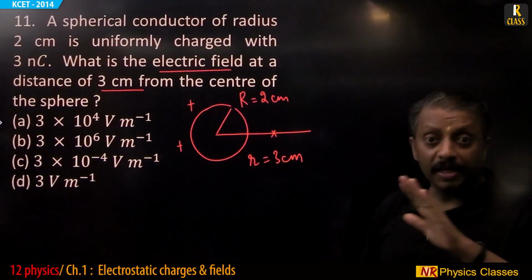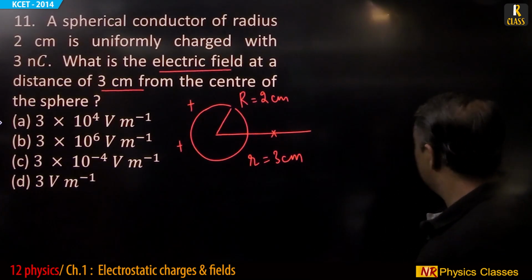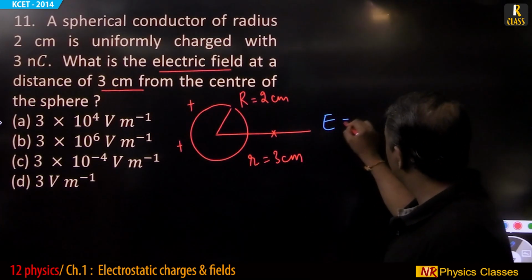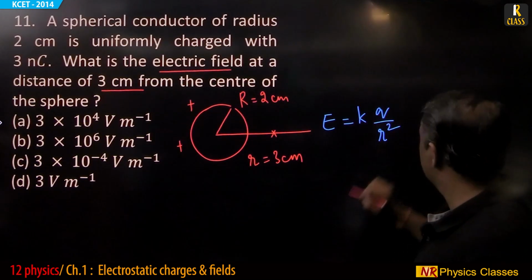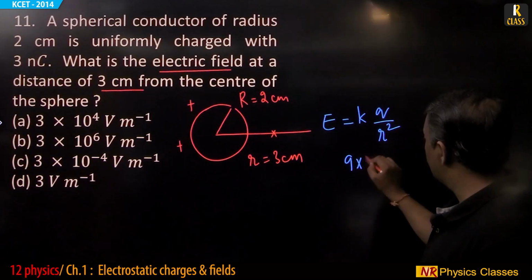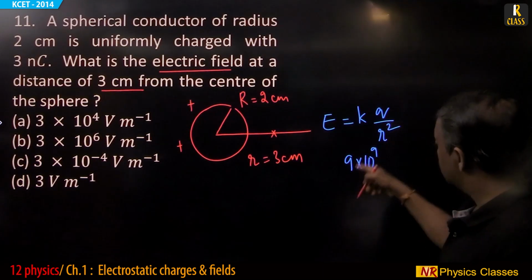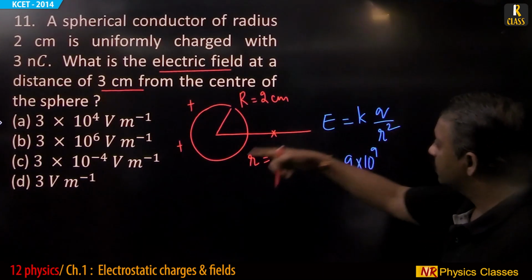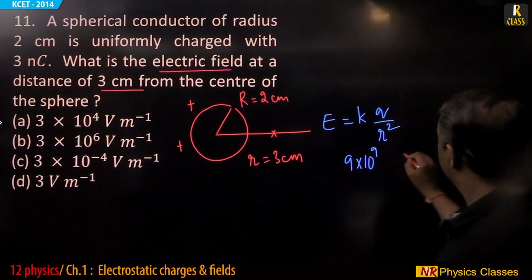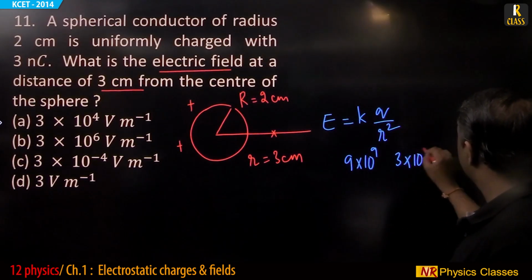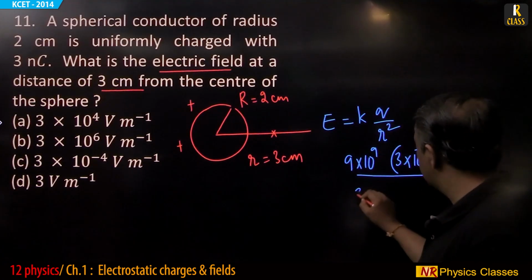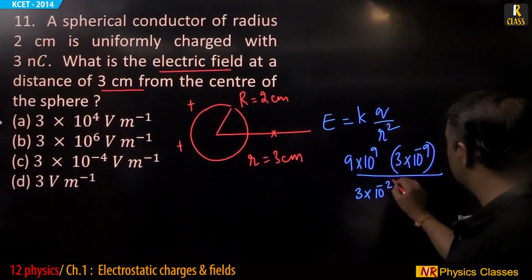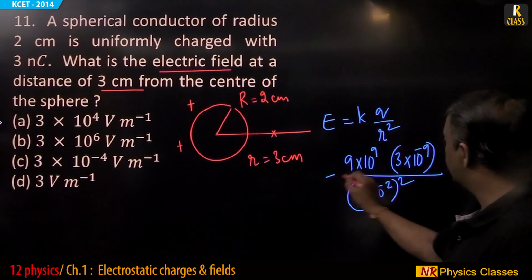Application of Gauss theorem: electric field is given by constant into charge by distance square. Constant is 9 into 10 to the power of 9. Charge 3 nano by distance square. Distance is 3 centi, 3 into 10 to the power of minus 2, square. Electric field.